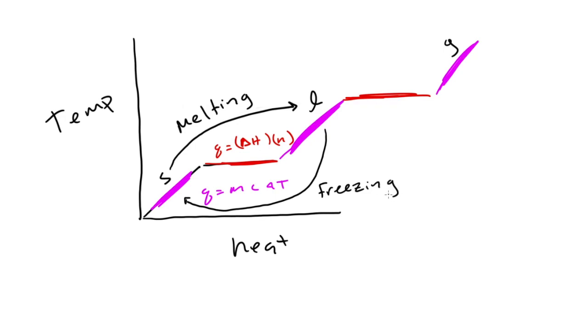If you look at that, that happens at the same temperature. So you can have solid go to a liquid and liquid go to a solid at the same temperature. These two processes happen at the same temperature.